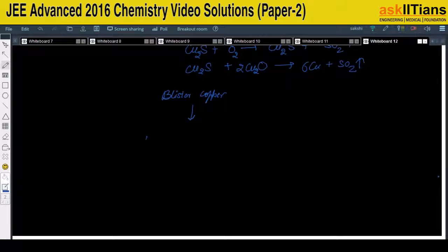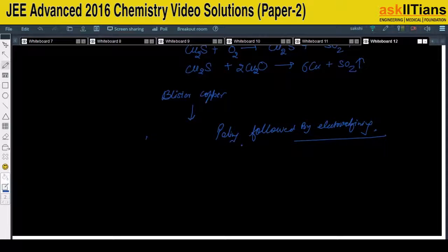So actually, once we are asked to refine this blister copper, you have to do it by poling, and then this has to be followed by electro-refining. But what is said in the question is that you have to do the reduction by carbon method. So that is not the correct option, first of all.